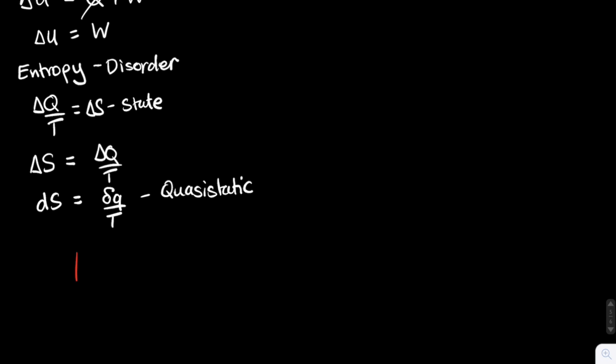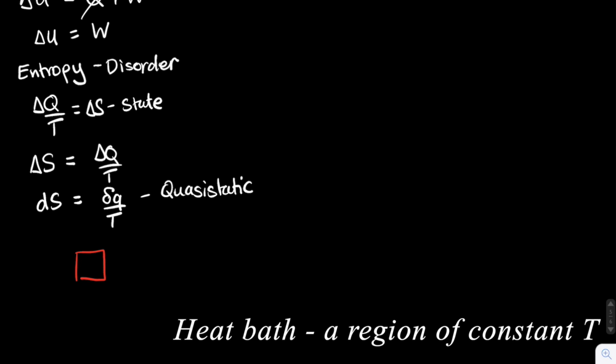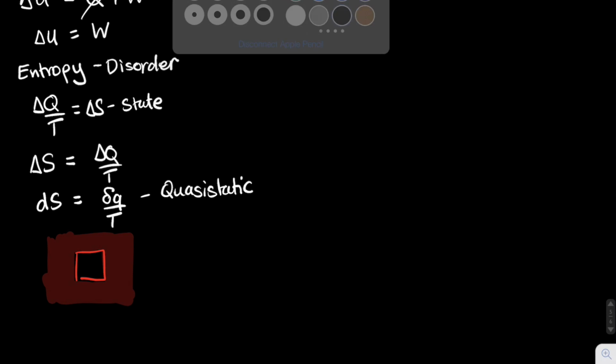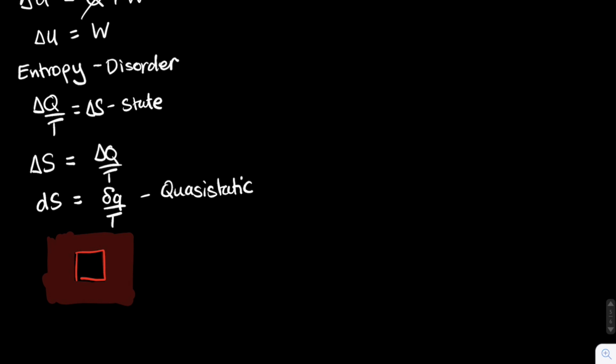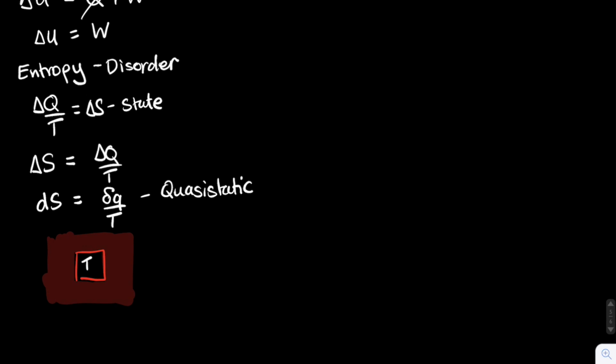So what do I mean by that? Well, let's draw out a box right here. This box is maybe increasing its volume, or there's heat coming into this box. Let's say it's in a heat bath. We like to use the concept of a heat bath, so it's in these warm surroundings right here. Now, what does it mean when it's in equilibrium? Well, it means that the temperature of this is exactly the same as the temperature of this.